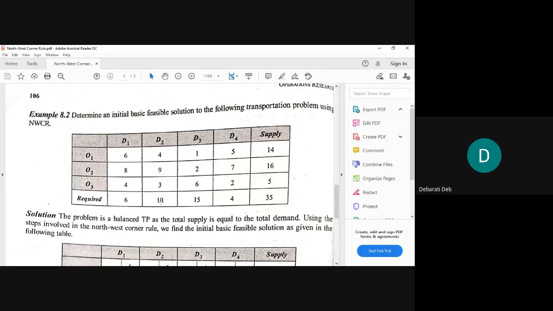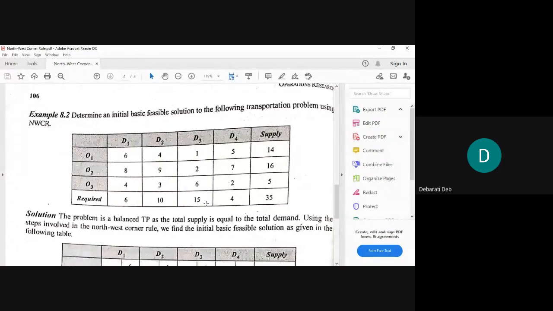6 plus 10, that is 16. 16 plus 15, that is 31. 31 plus 4, that is 35. On the column side, 14 plus 16, that is 30, plus 5, that is 35. So the last column and the last row are matching. If they are matching, both are showing 35, that means this problem is a balanced one.